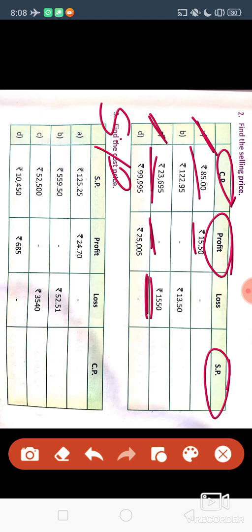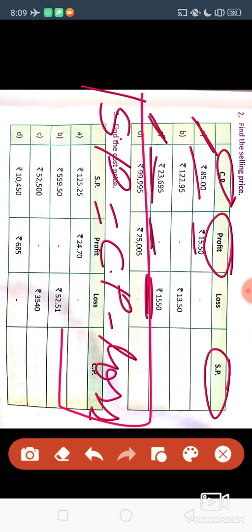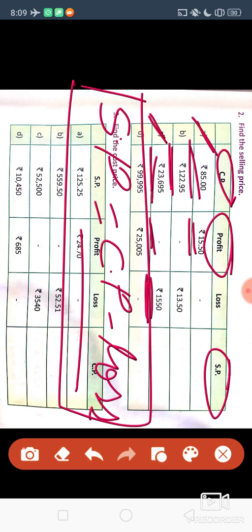Selling price is equal to CP minus loss. Why? Because in the question loss is given and CP is given, so we'll use this formula. In the previous question CP and profit were given, so we were using the first formula.